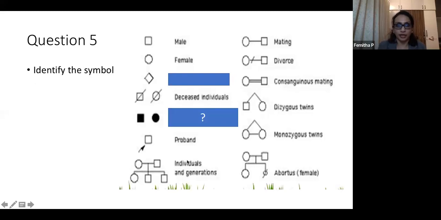Okay. Identify the two symbols whose key I have blocked with blue. This one and this one in the pedigree chart. Okay, one answer has come.